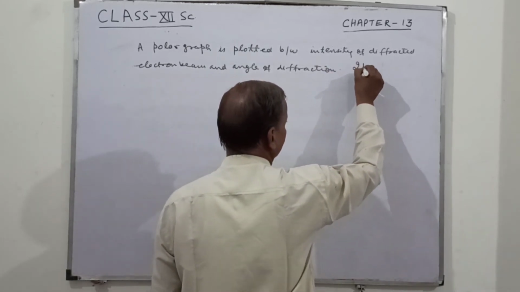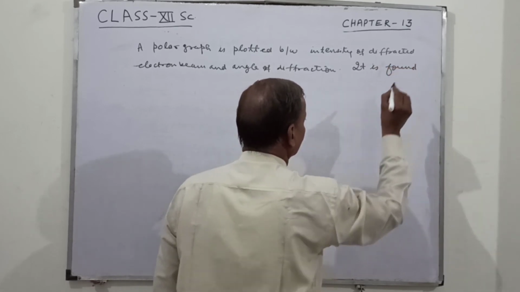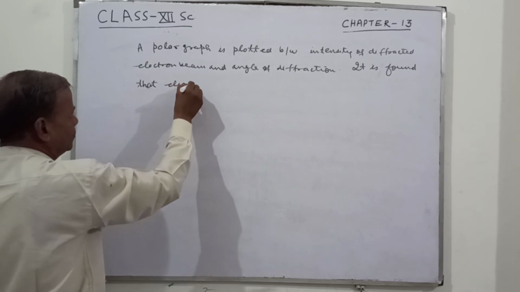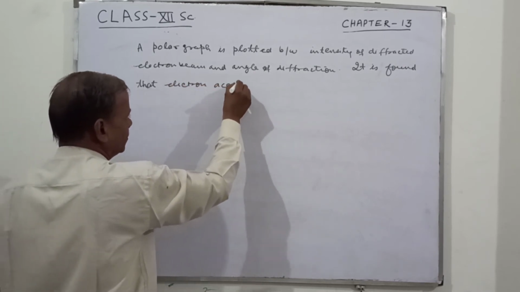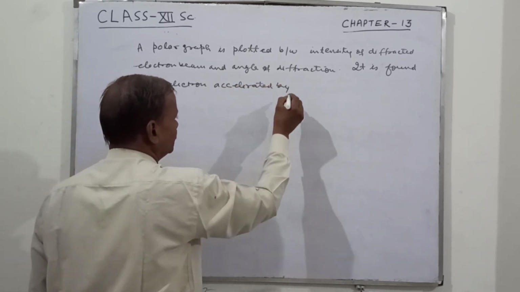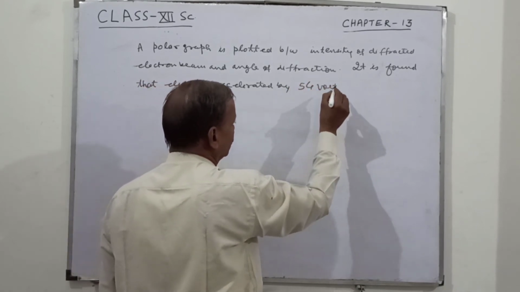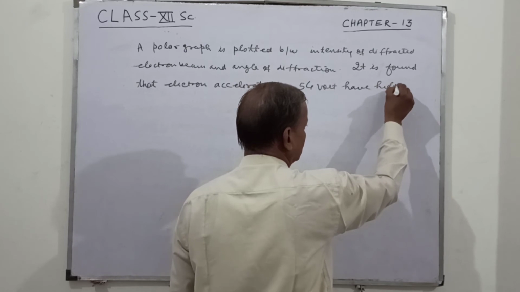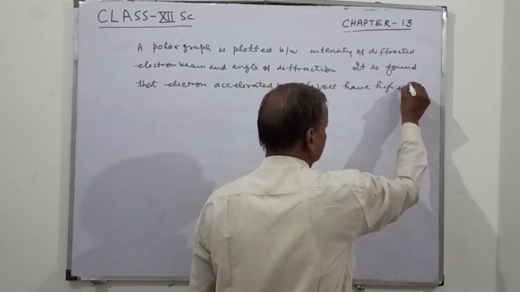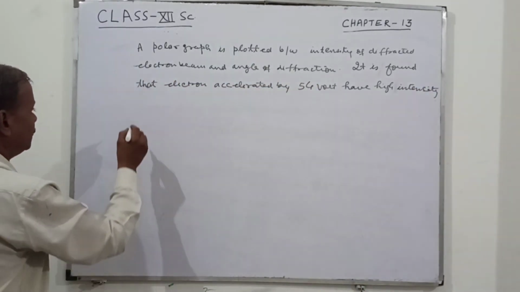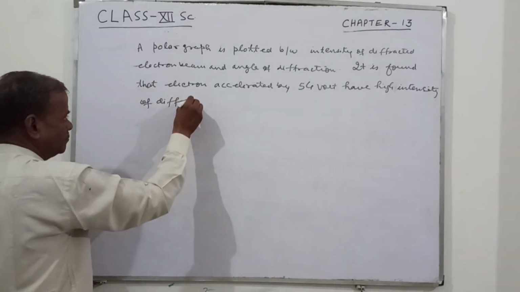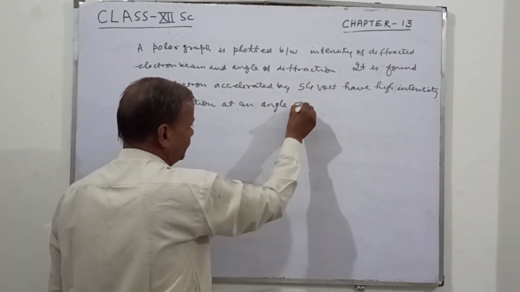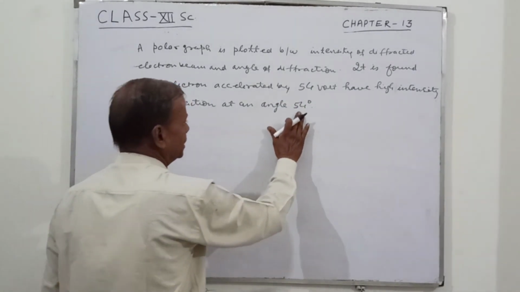It is found that electrons accelerated by 54 volts have high intensity of diffraction at an angle of 50 degree.